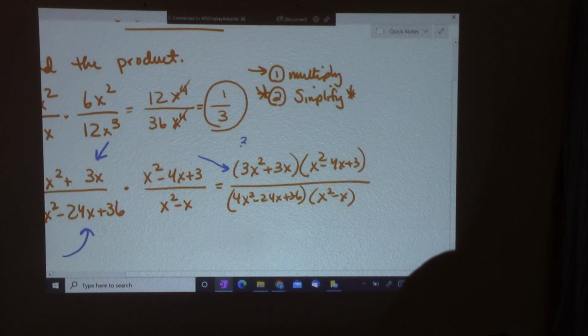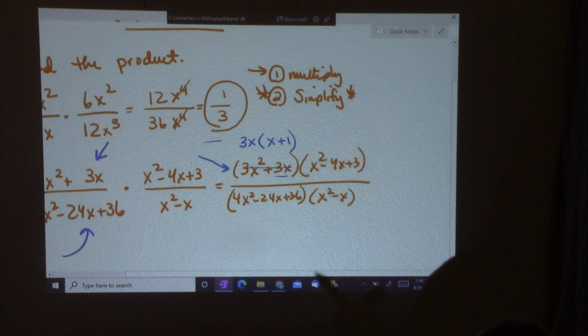Well, 3x will come out of both terms. So if I factor 3x out of 3x squared, I'm left with x. And if I factor 3x out of 3x, I'm left with 1.